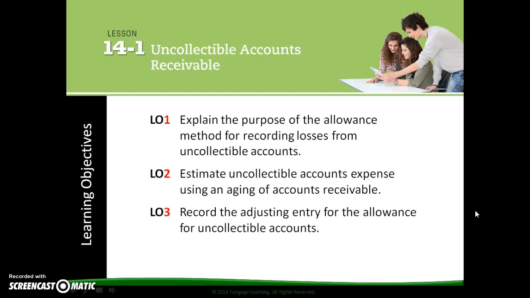Lesson 1 here is uncollectible accounts receivable and really determining what is going on with some of the accounts at a business where we might not be able to collect money that is owed to us as the business.